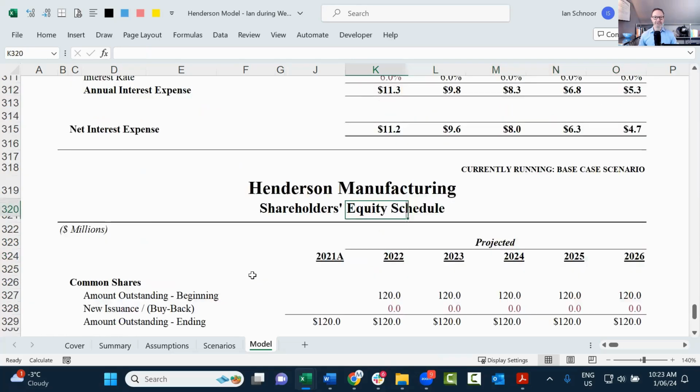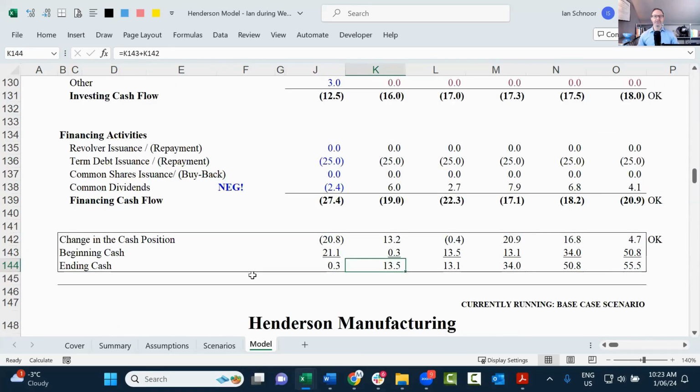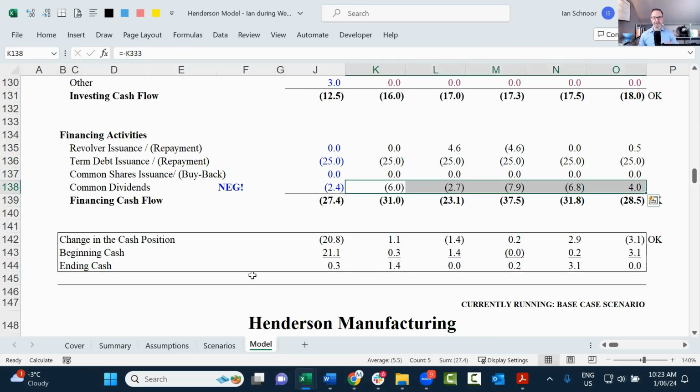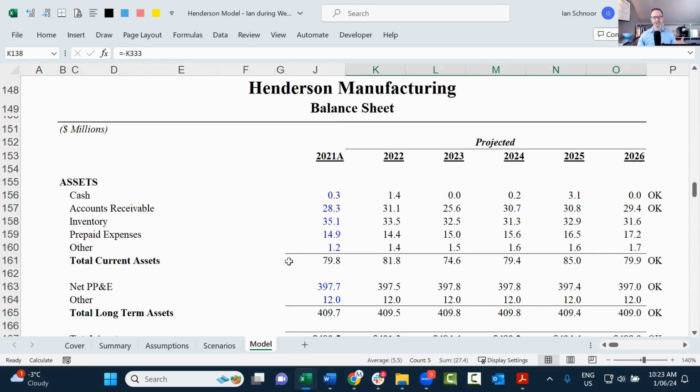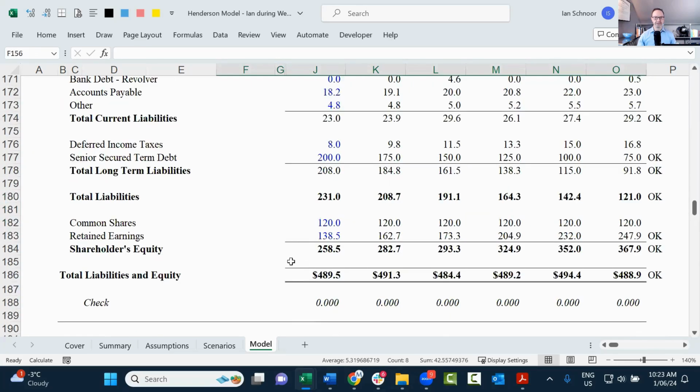And then, of course, when you get to the cash flow statement, the dividend is reducing the cash. It is a cash outflow out of the company. So the dividend must also be flipped and be negative on the cash flow statement. If you get that correct, now watch what happens. The cash is going down by the amount of the dividend, and the retained earnings is going down, and the balance sheet is in balance.